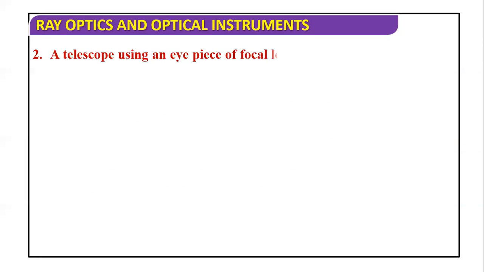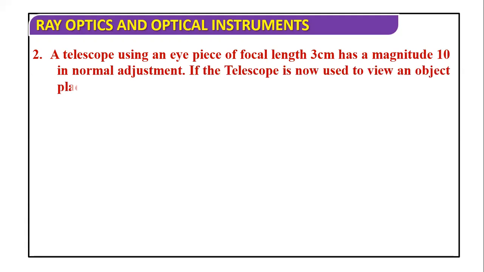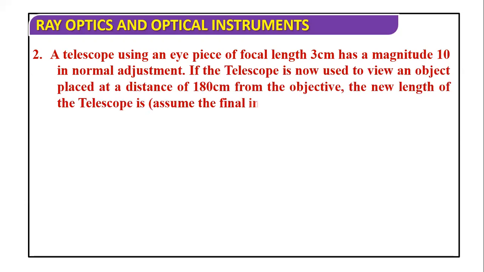The second question states that a telescope using an eyepiece of focal length 3 cm has magnification 10 in normal adjustment. If the telescope is now used to view an object placed at a distance of 180 cm from the objective, the new length of the telescope is?